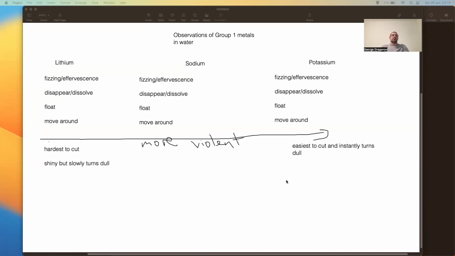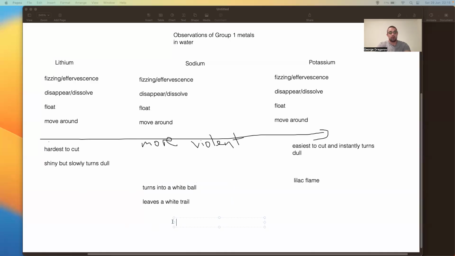Okay, starting from shiny. Now, the extra observations for sodium would be it turns into a white ball and it leaves a white trail, but there is no flames. And the special thing potassium does is it is so violent that it forms a lilac flame.